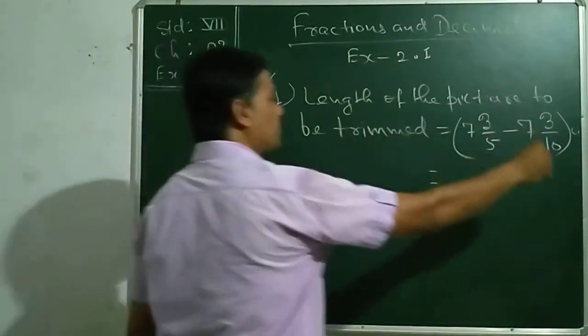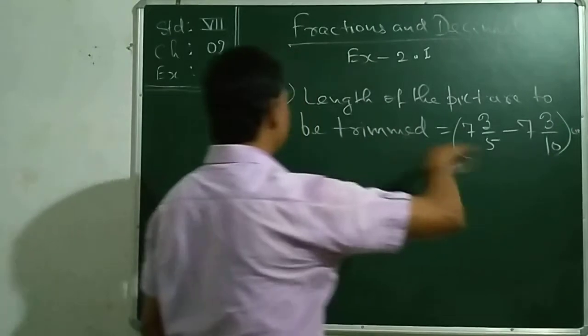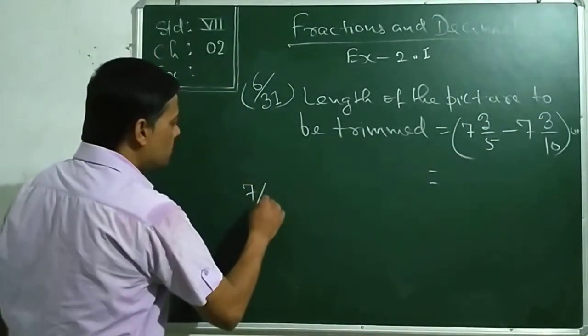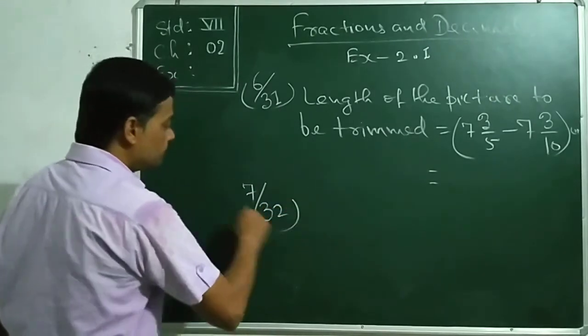Now you calculate it. You will calculate it yourself. It would be very simple for you. Come to the 7 number sum.